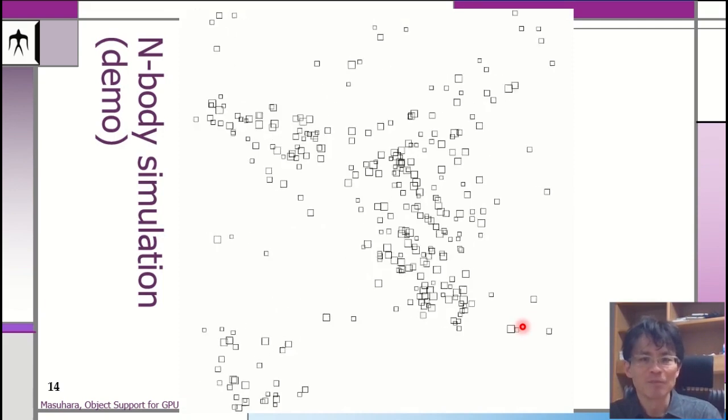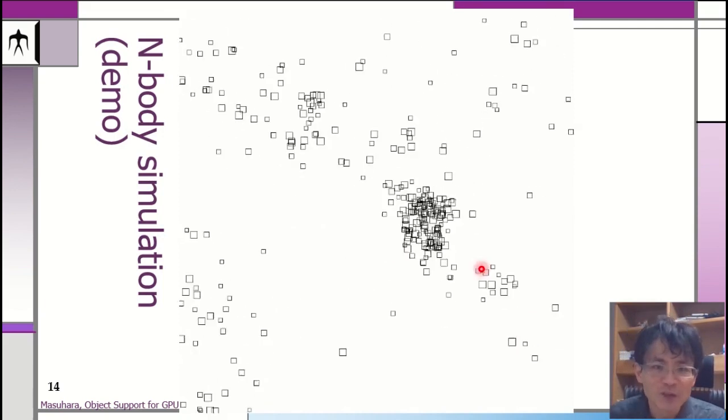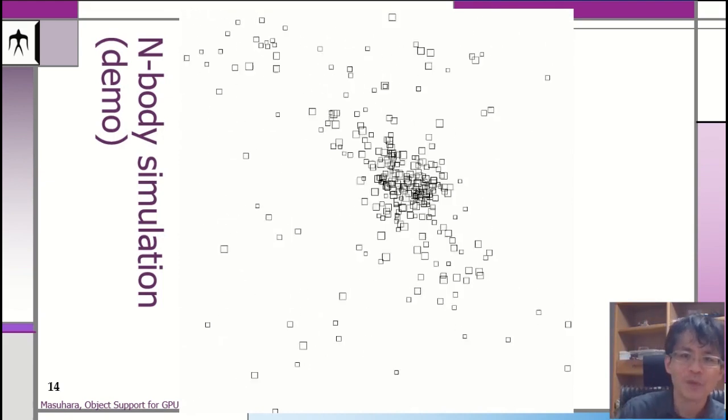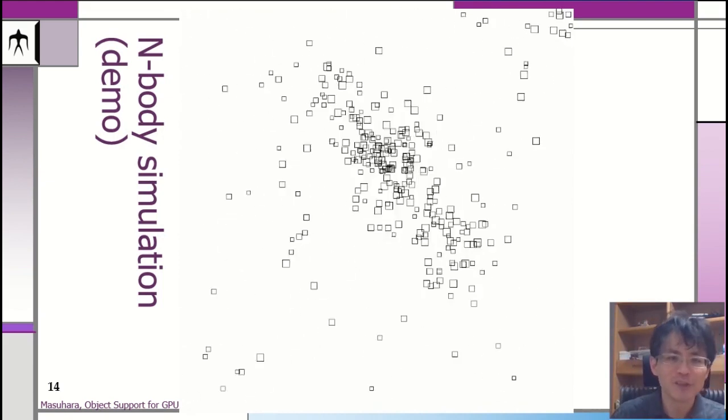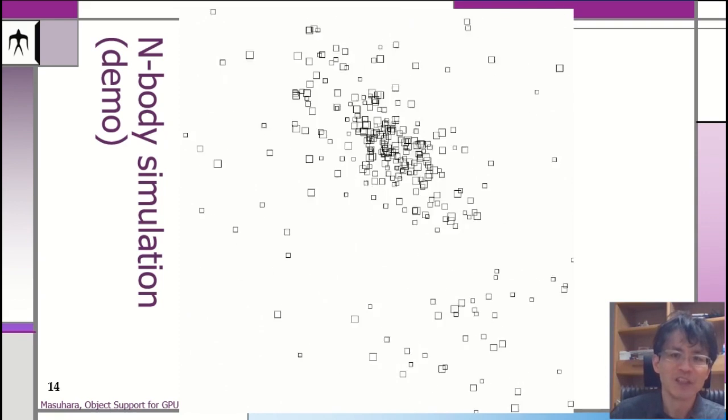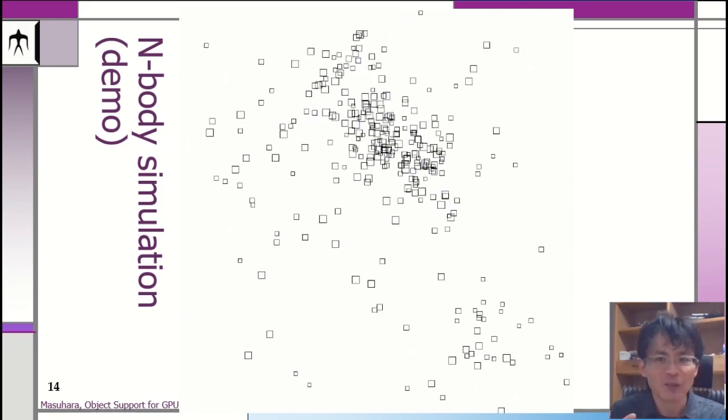Each body, represented by boxes in this animation, computes the gravitational force from all the other bodies and then updates its velocity and position by summing up the gravitational forces.